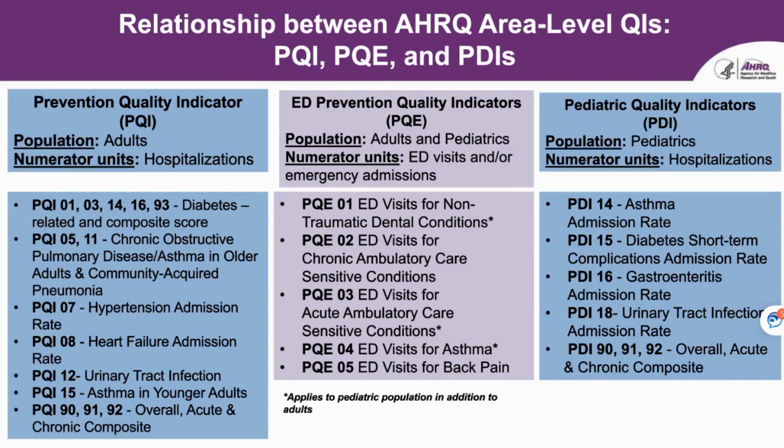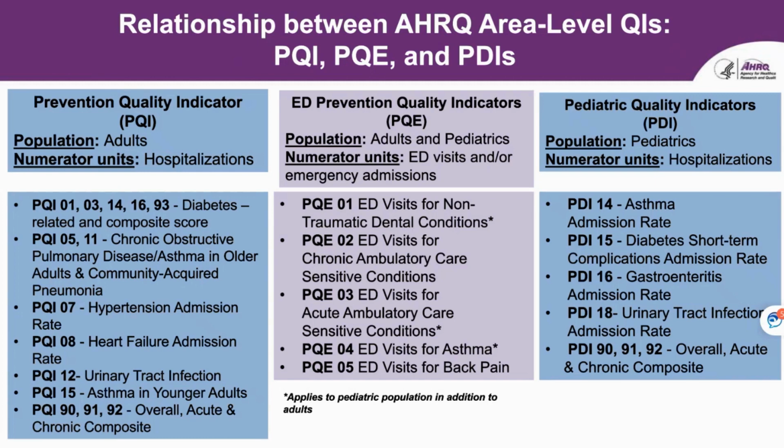This slide shows how PQEs fit into the set of AHRQ's population-based quality indicators, how they compare to the two inpatient modules. First, PQIs concern avoidable admission for adults. PDIs concern children's admissions, while PQEs concern both children and adults, depending on the measure.